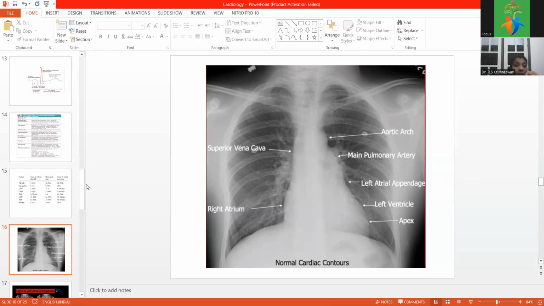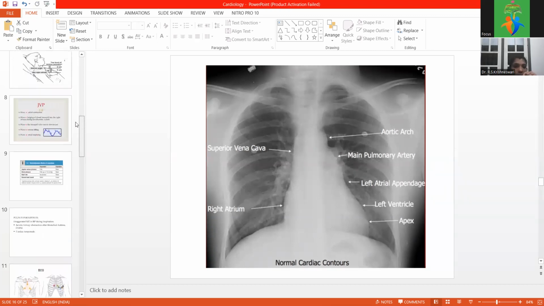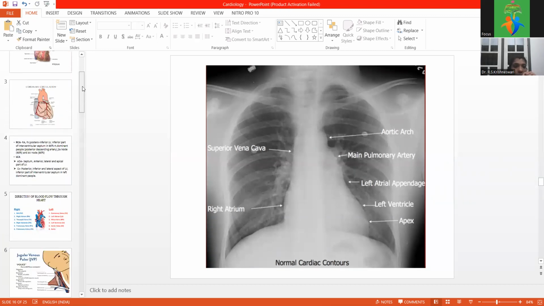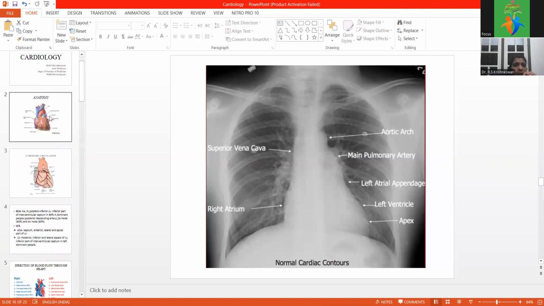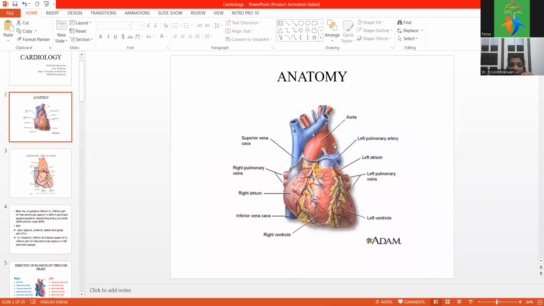We will see the first figure so that you can easily make it out. What we see is the aorta, left pulmonary artery, left atrium, and left ventricle. We will not see the left pulmonary veins.